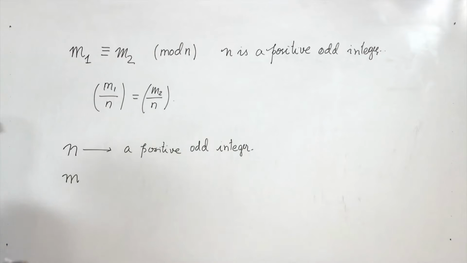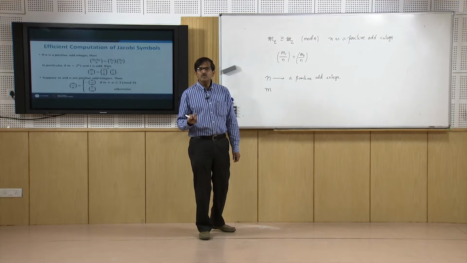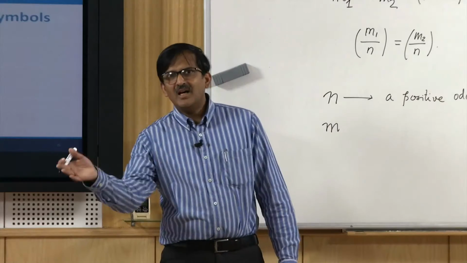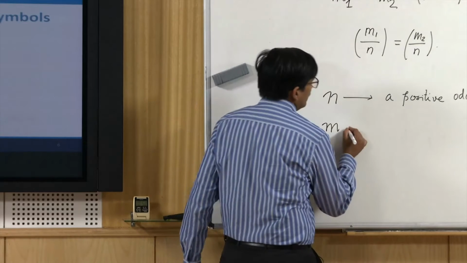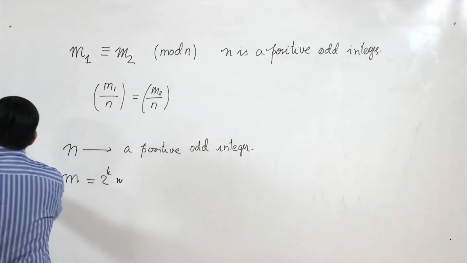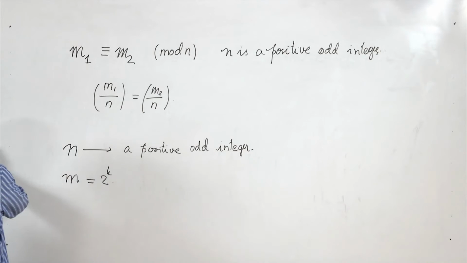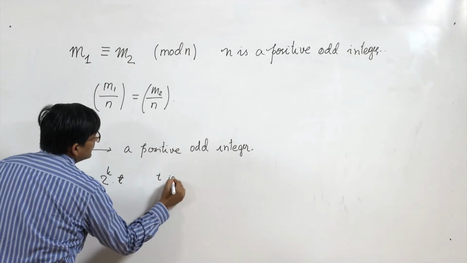Now if it is even, then I can repeatedly divide it by 2 till the other factor is odd. So that is what we will do. Let us say it is t, where t is odd.